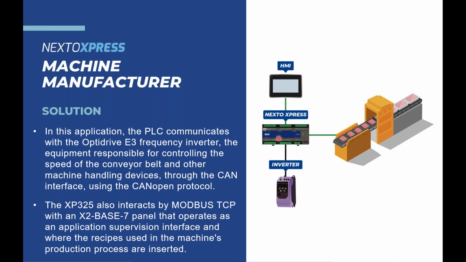All the Nexto Express, from the starting one, that is the 300, the 340, all of them have CANopen, so you can save some analog inputs for your application itself. And the PLC, the 325, is interacting via Modbus TCP with the X2 base Bayer panel, which is where the operator gets all the application supervision and is doing all the process over here.